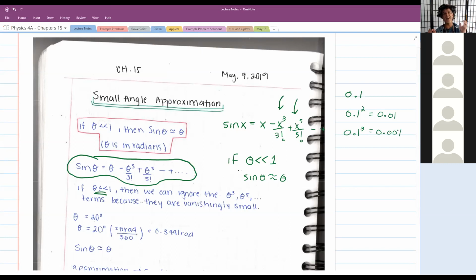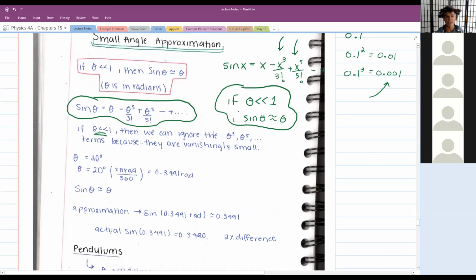So if I have a small number like 0.1, the next term in the series would be 0.001, and then I'm dividing that by 3 factorial and so on. So if my angle is really small in radians, then I can approximate sine theta with theta.